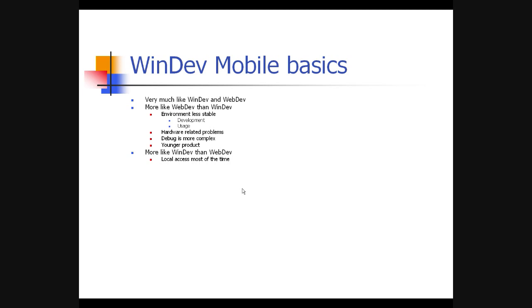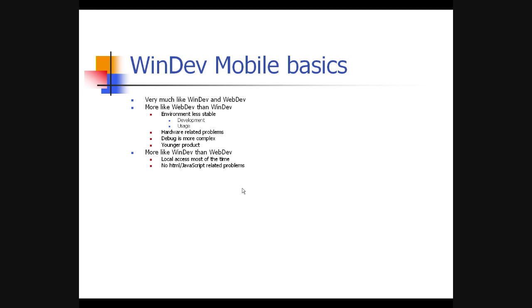Of course, at some point you're going to want to connect your mobile device to your network and exchange information between the two, but it's rare that you are deploying an application on a mobile device where you rely on a connection at all time. And the reason for that is that it's extremely difficult for a mobile device to have a connection at all time. But we'll talk about that in more detail later, of course.